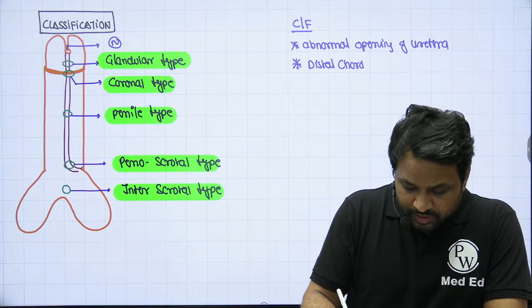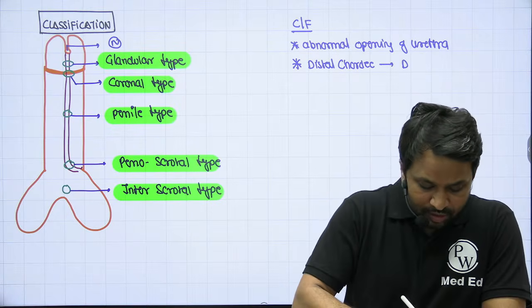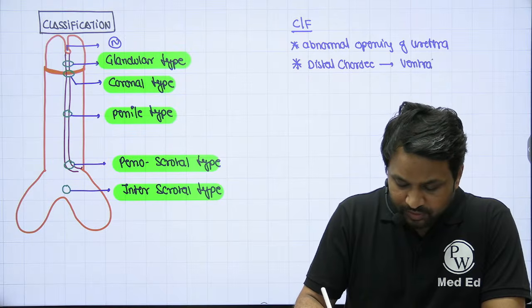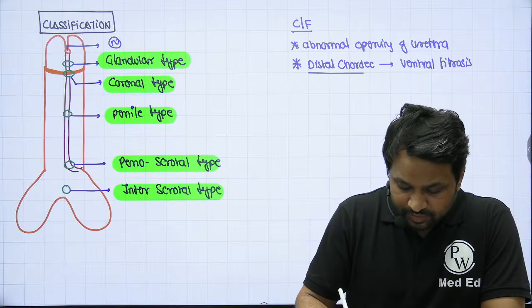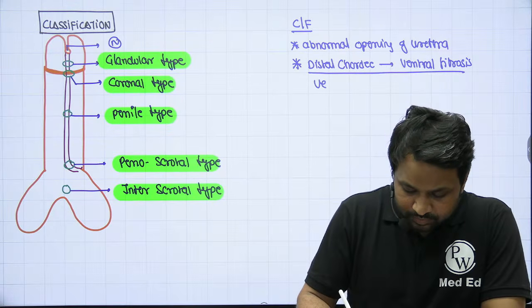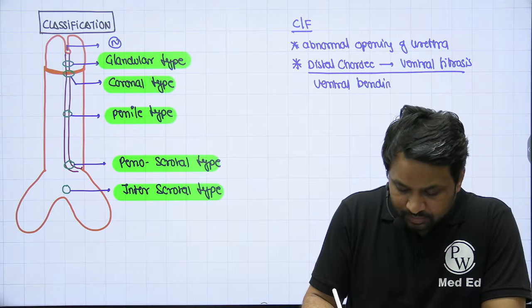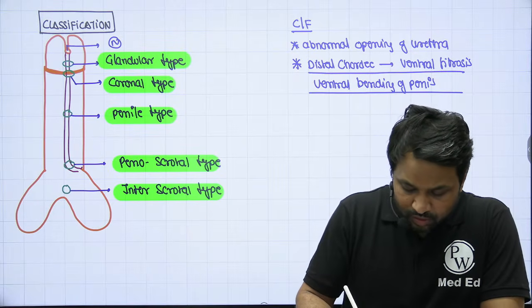Because of the distal chordae, it will result in ventral fibrosis, and this ventral fibrosis of the penis will result in ventral bending of the penis.